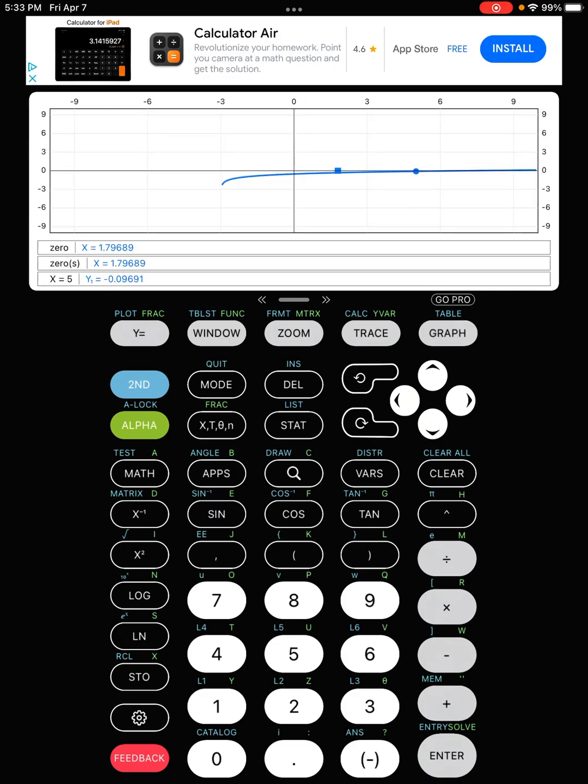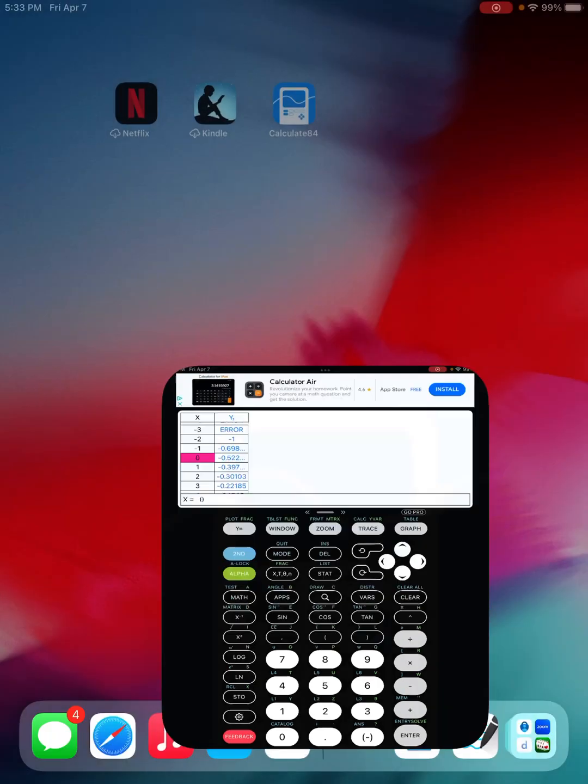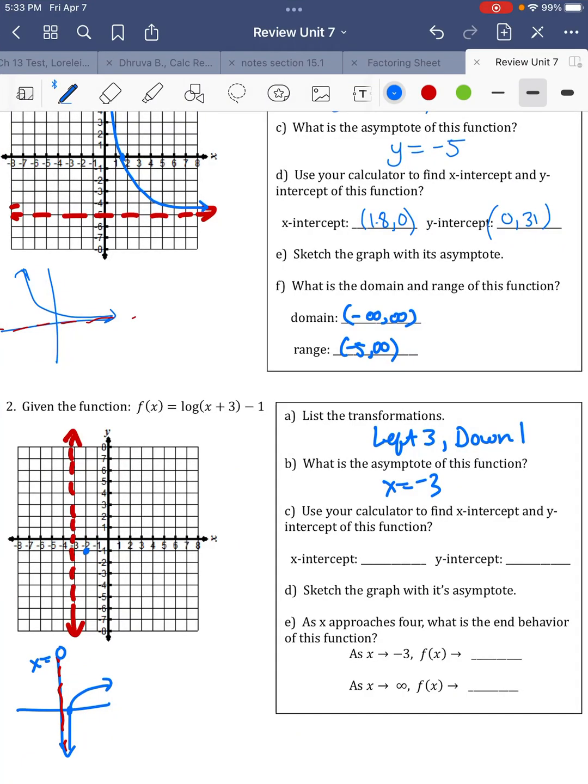So let me do the trace and 0. Actually, I'm going to look at the table. So negative 0.52, and I'll go ahead and put it on there.